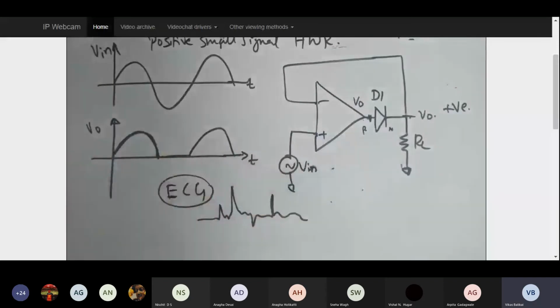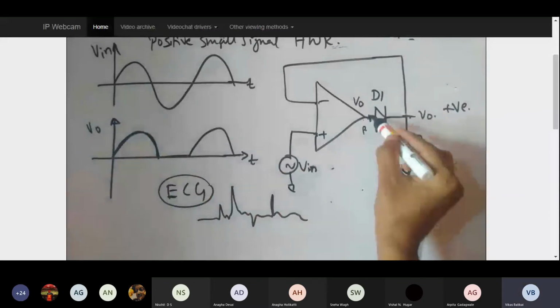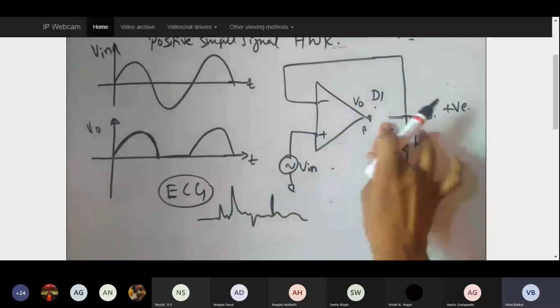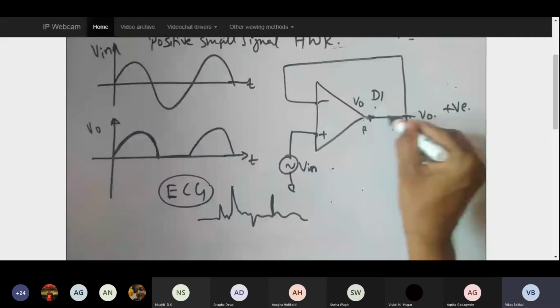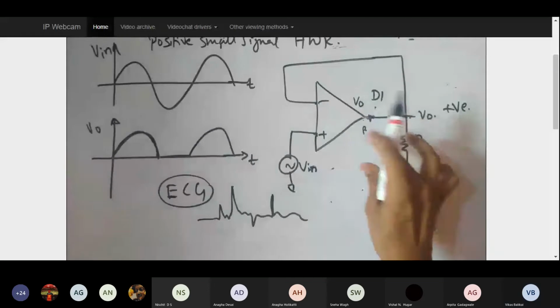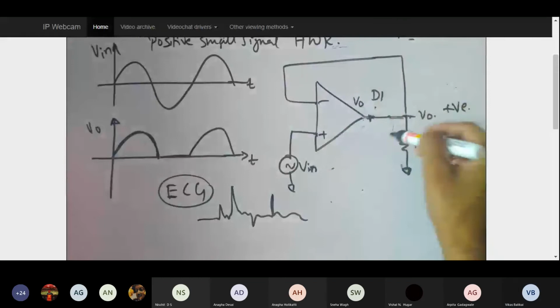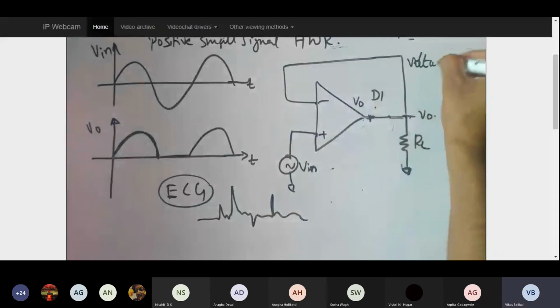So when D1 is forward biased, this closes the loop. The diode turns on, so it becomes like a short circuit. Once it is a short circuit, this entire circuit is going to behave like a voltage follower.